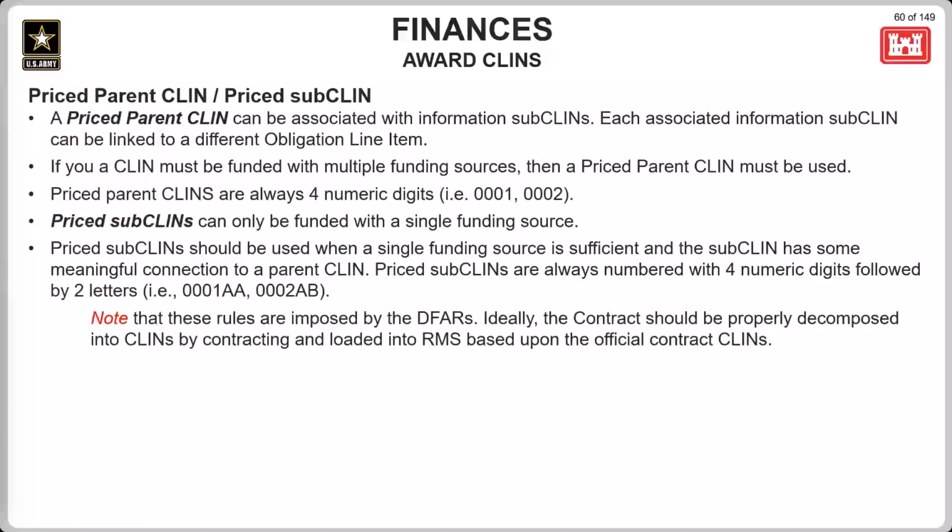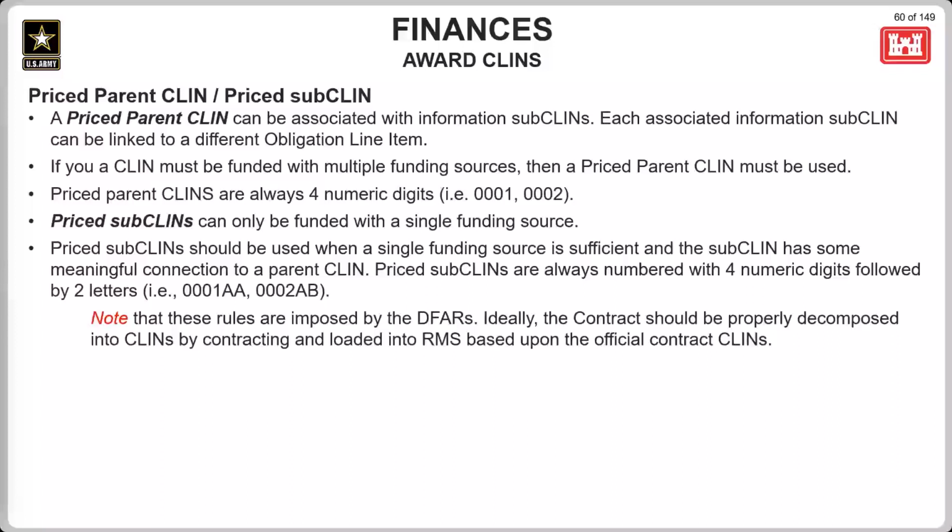So when adding new CLINs, it is best to understand that within RMS, there are two types of CLINs that can be used. First option is a priced parent CLIN. It's generally recommended that priced parent CLINs are chosen for CLINs within RMS if there is any possibility that the obligation for that CLIN may be changed.